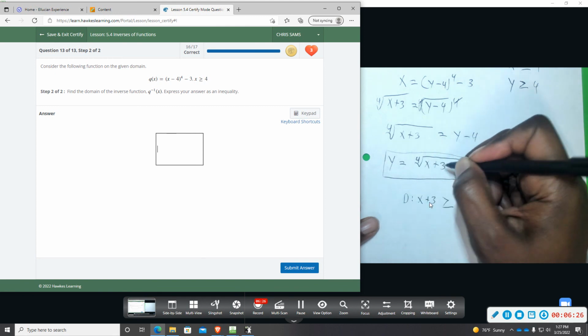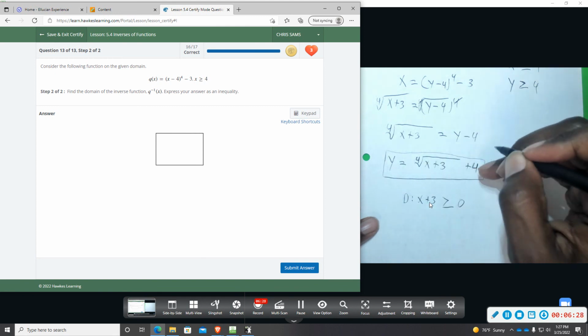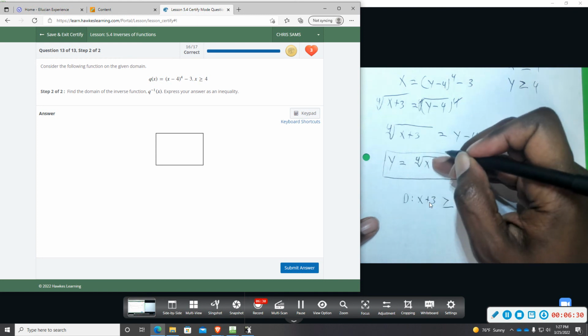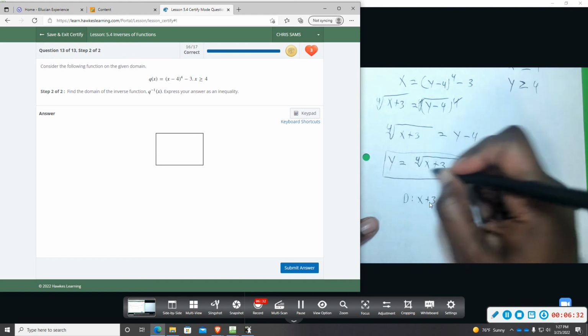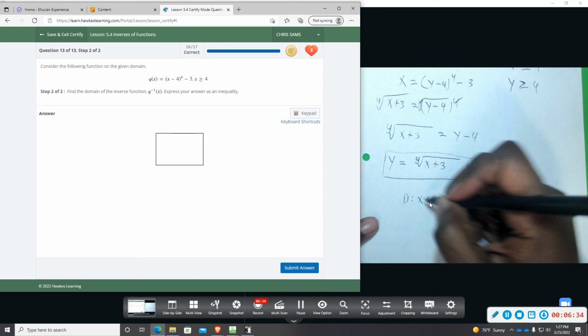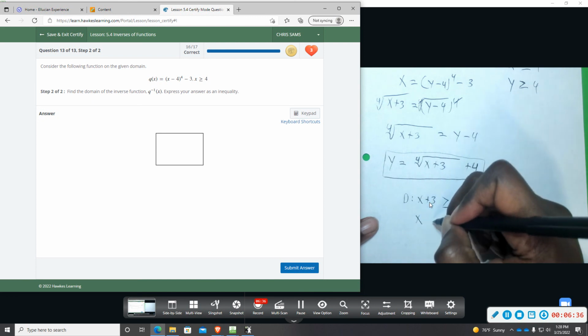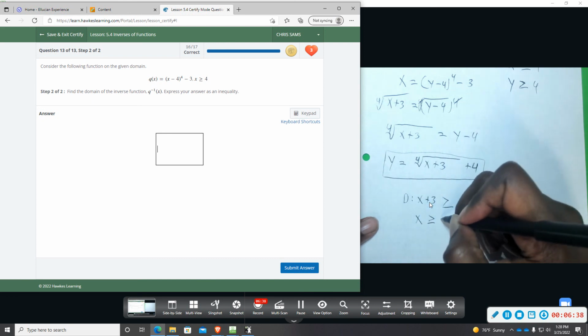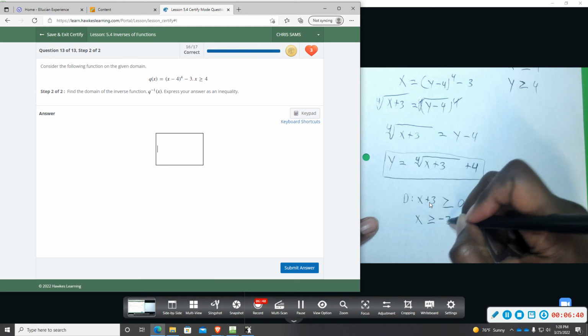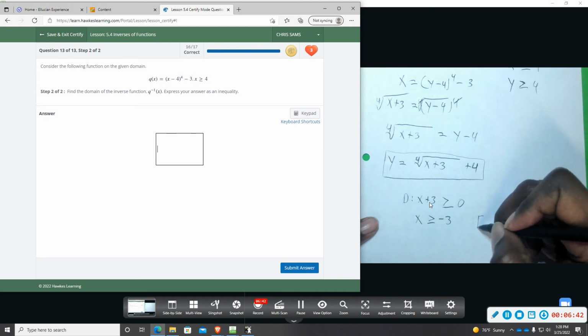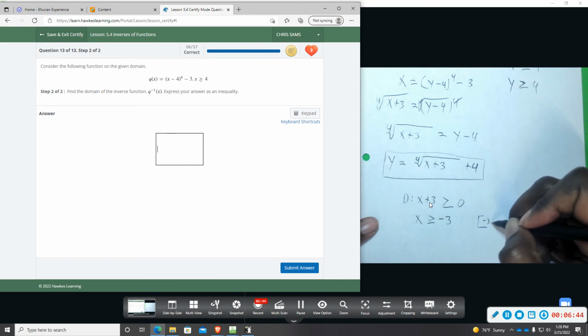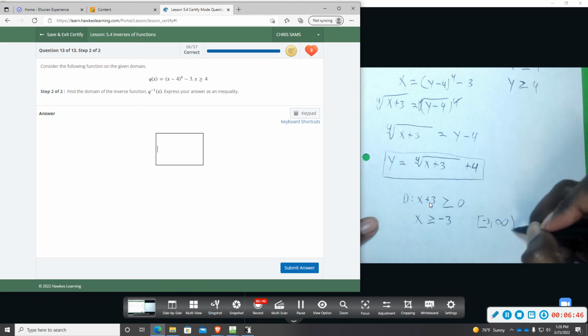It means it has to be positive because you can't take the root. That 4 will not affect what's going on under here. So what values will make this positive? You would have to subtract 3, and that will give us domain x has to be greater than or equal to negative 3. So in interval notation, that would be from negative 3 to positive infinity.